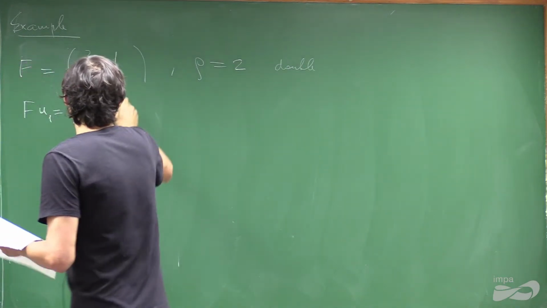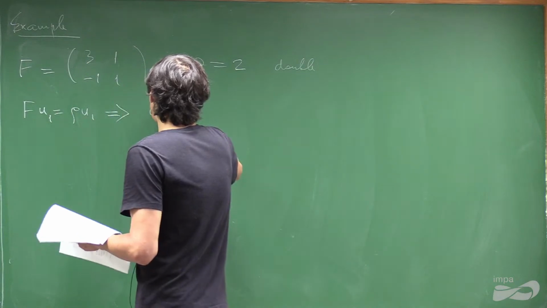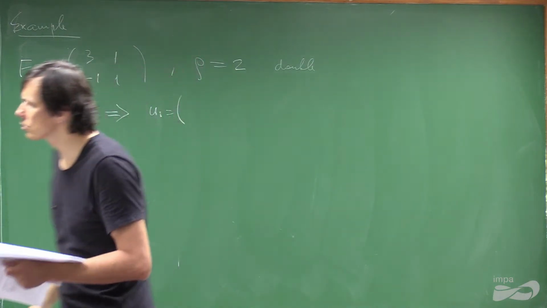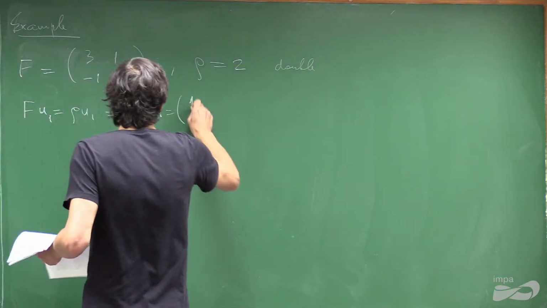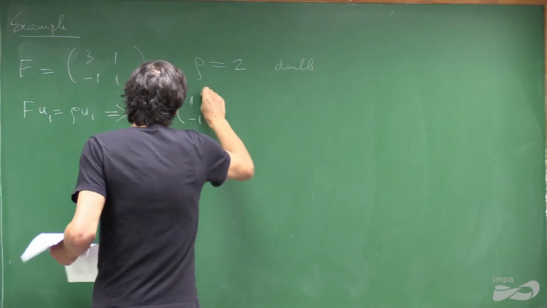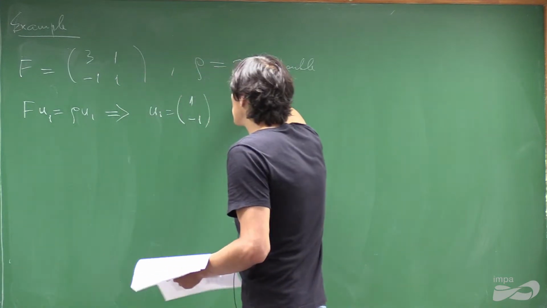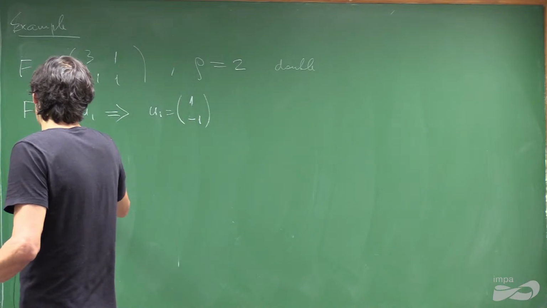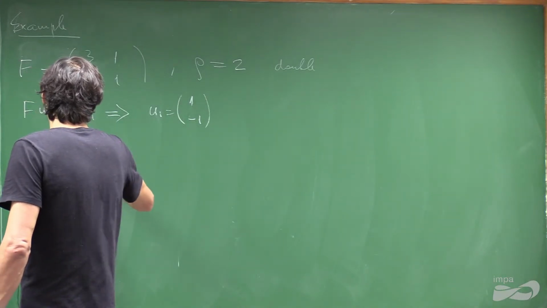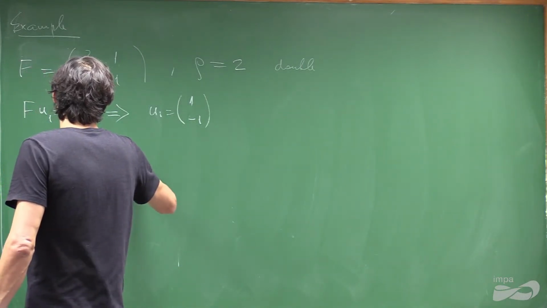So the eigenvector is 1, minus 1. So one eigenvector for a double eigenvalue means that there is a generalized eigenvector. Let's compute this. F u2 equals rho u2 plus u1.